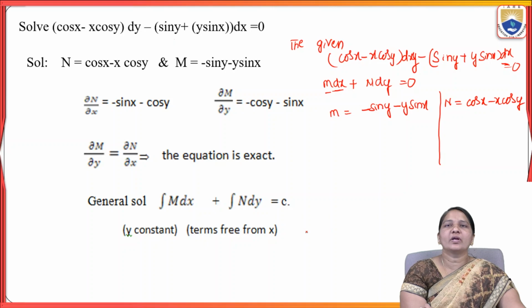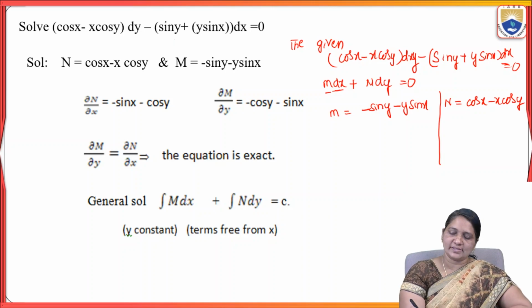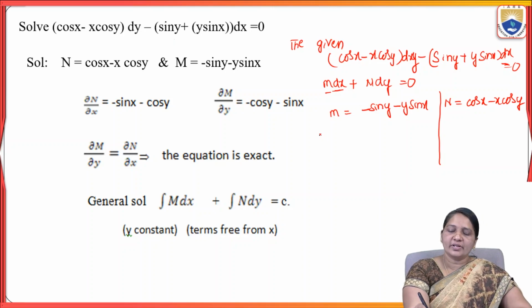After identifying the M and N values, we are going to calculate dou M by dou y and dou N by dou x. What is dou M by dou y? That means we are doing the partial differentiation of M with respect to y.